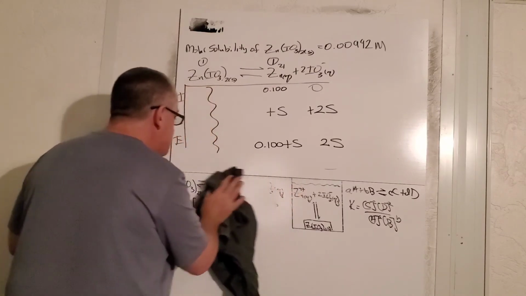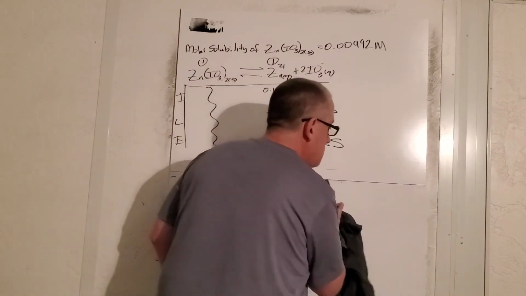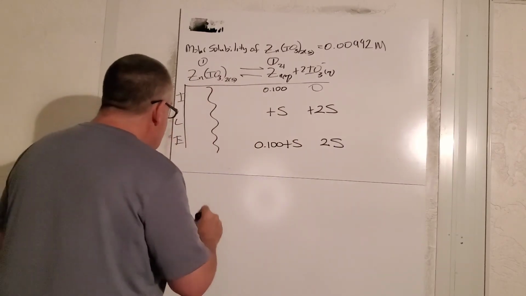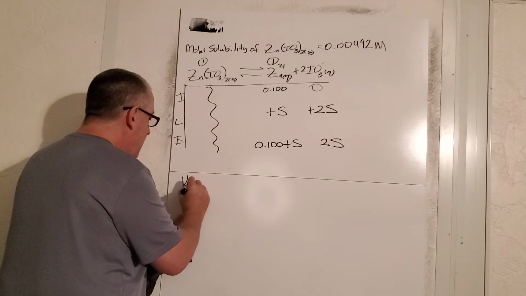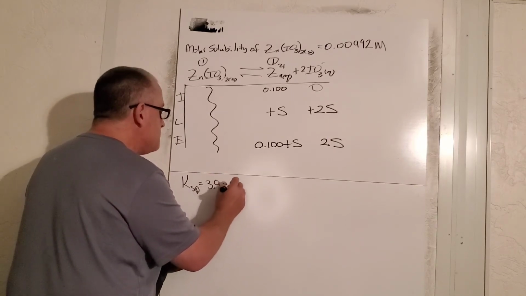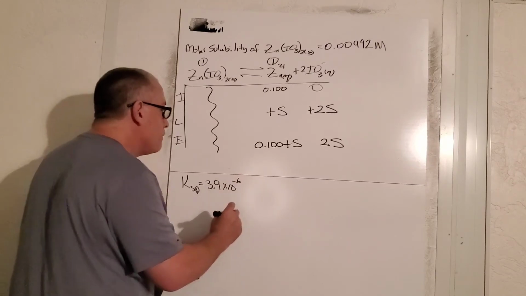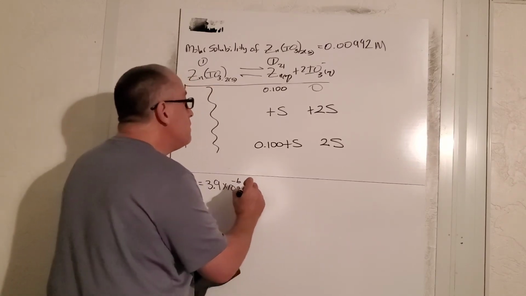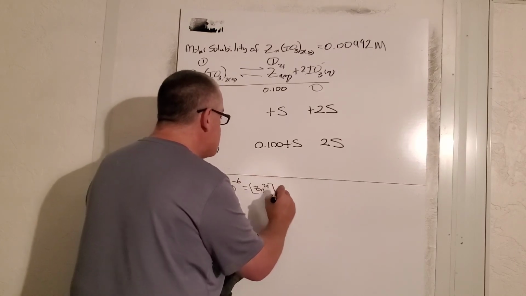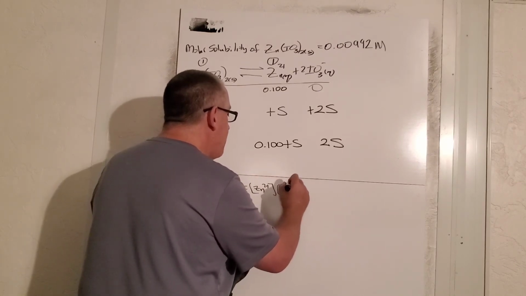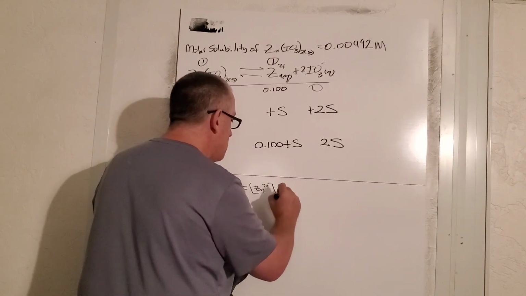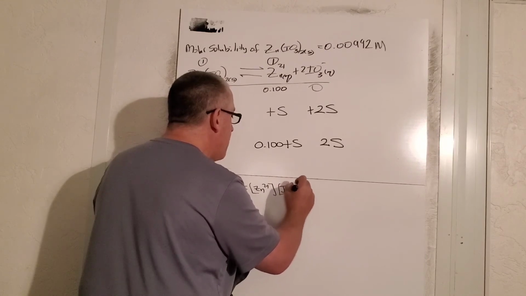Okay, I'm going to erase this. I need this space. So my Ksp is 3.9 times 10 to the minus 6. That's going to be equal to zinc 2 plus, IO3 minus squared.